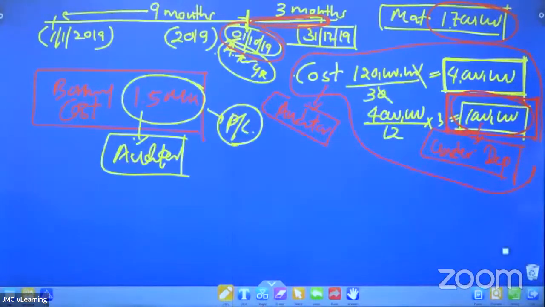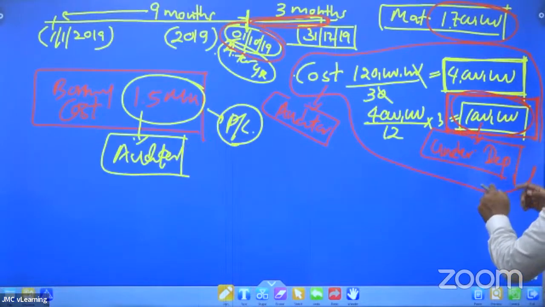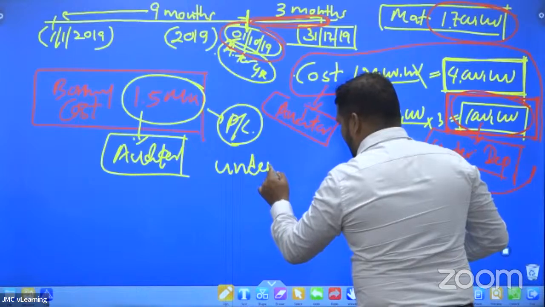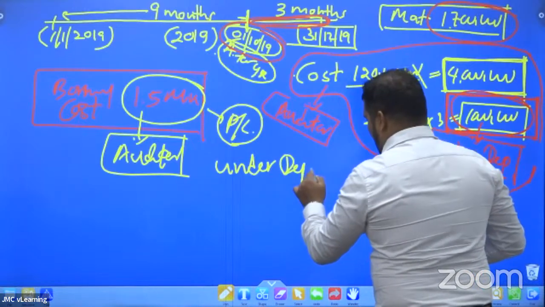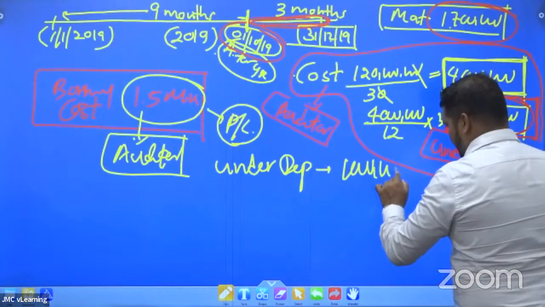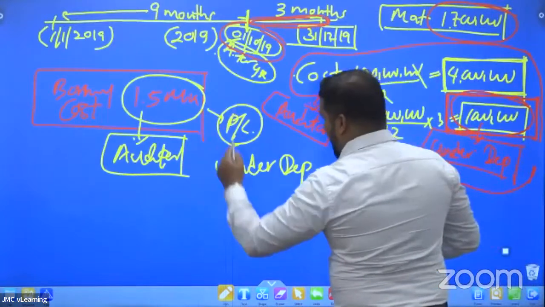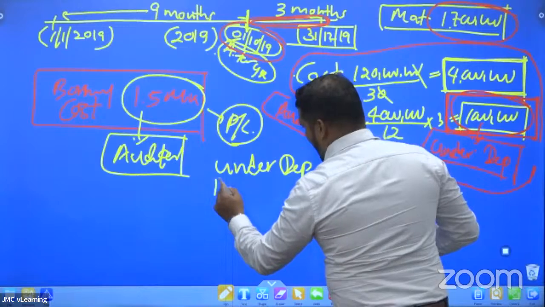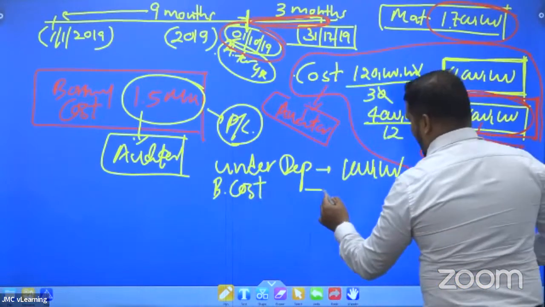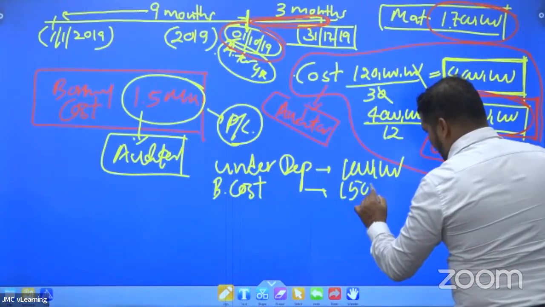Agreed? Right. So error number 1 is basically under depreciation, and the magnitude of the error is 1 million. Then the second issue, borrowing cost capitalization, has a magnitude of 1.5 million.